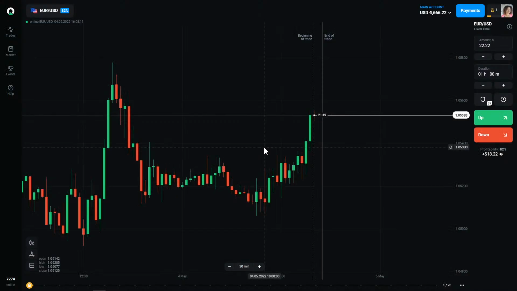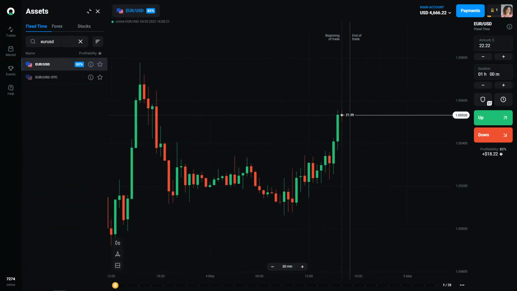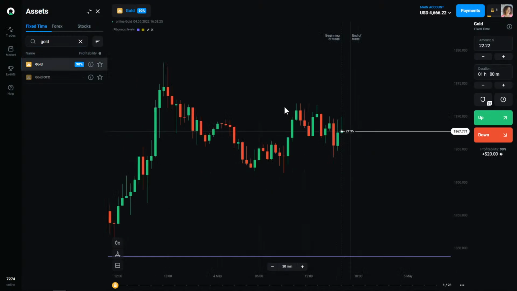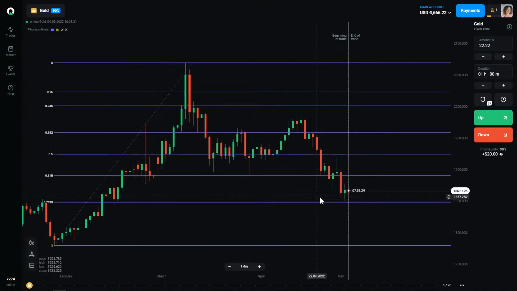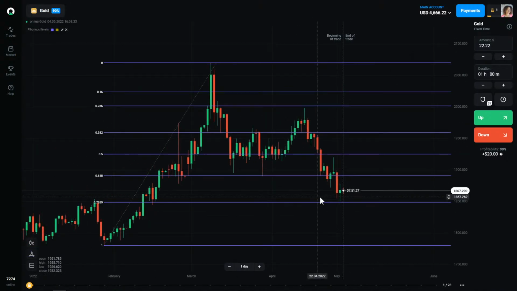Alrighty, so now let's go ahead and switch back to the price chart. This is where it's going to get a lot more interesting. Let me go ahead and switch to gold right here. Whenever the price is trading close to one of these levels, I'll show you how to apply this in just a moment.